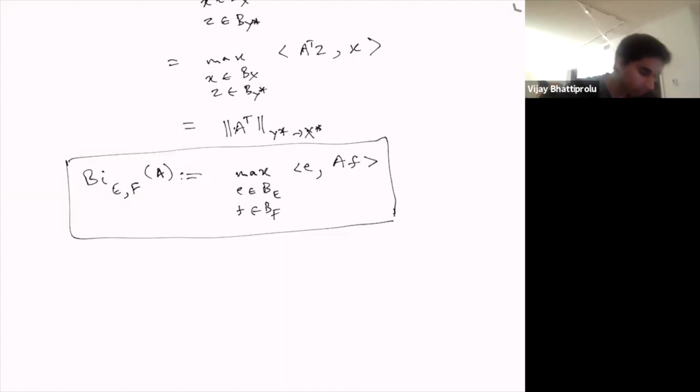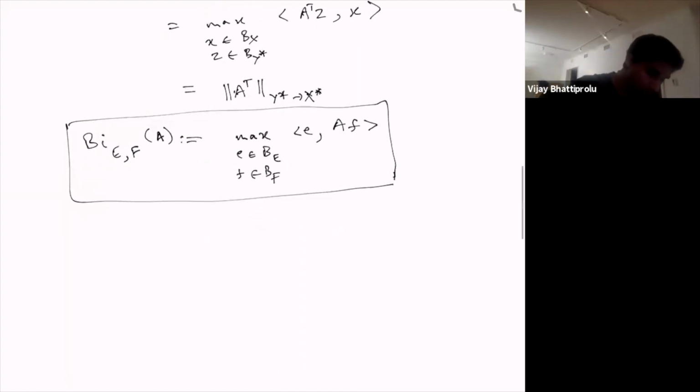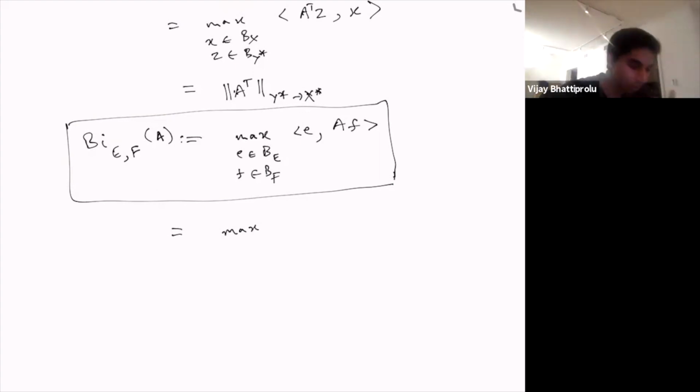And the dual actually comes up very naturally. It comes from the following equality. We can relax the maximum from being over the Cartesian product of B_E and B_F to the convex hull.